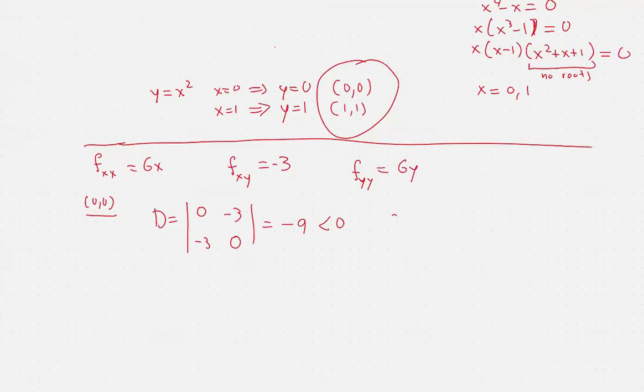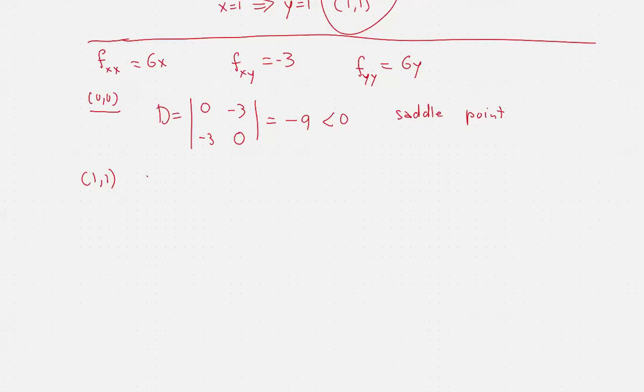And let's see what happens with (1, 1). And D is equal to, what do we get? 6 here, 6 here, right? And then −3 and −3. So this is 36 minus 9, which will give you 27, which is greater than 0. And that means that we have a local extremum.